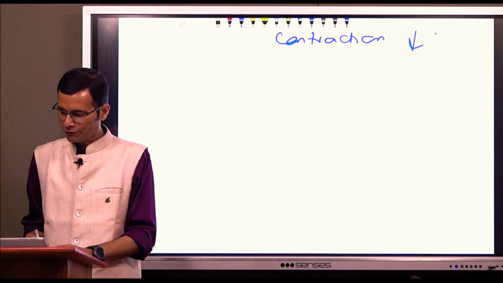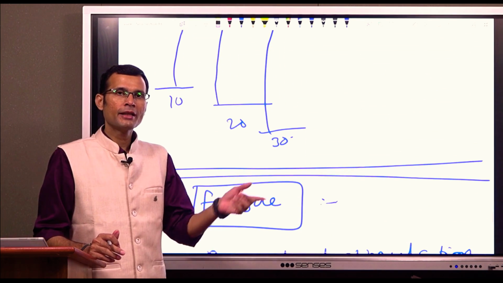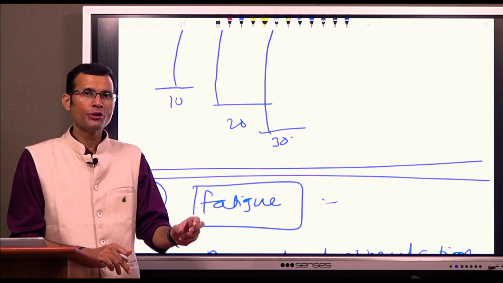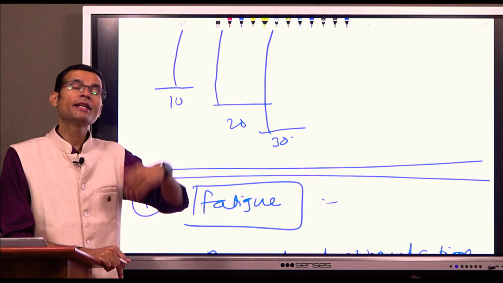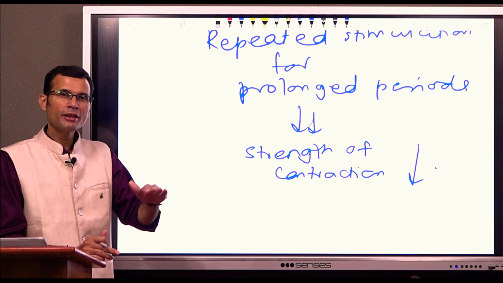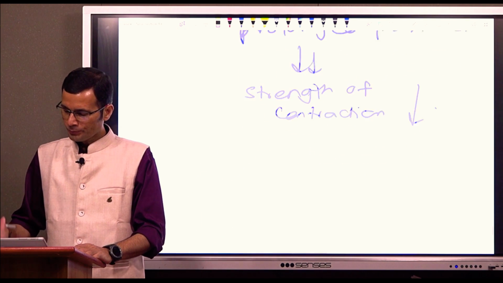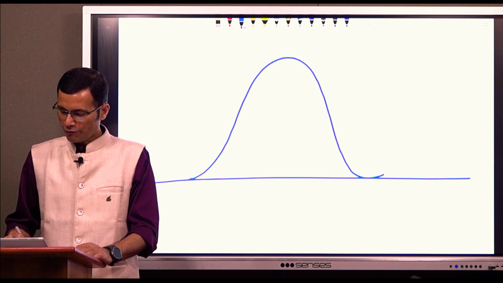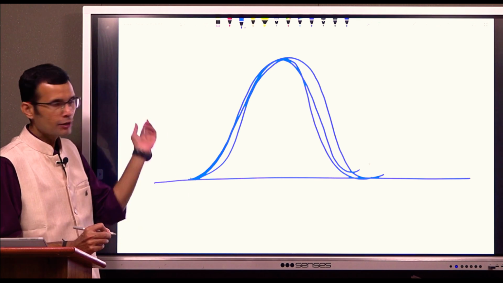If I have to record it graphically, remember when we discussed the staircase effect and tetanus, there was high frequency and short duration stimulation. So for a short duration, we stimulated the muscle at very high frequency. Whereas here I am saying that the muscle will be stimulated slowly at a very low frequency, but for prolonged periods. And if I record the graph, it will be like this: repeated contractions recorded on a revolving drum again.